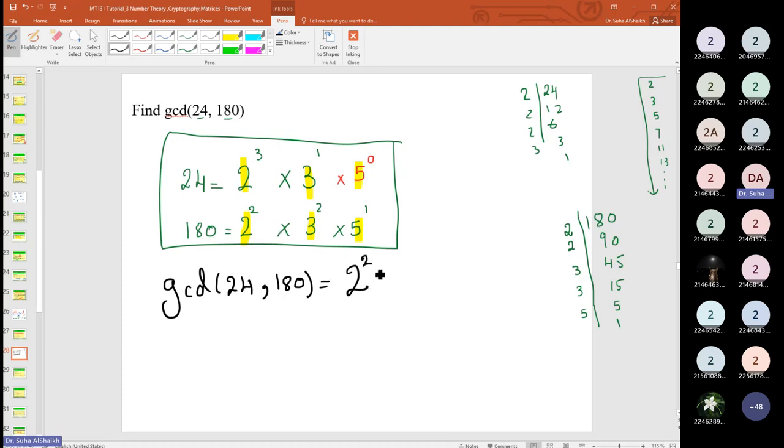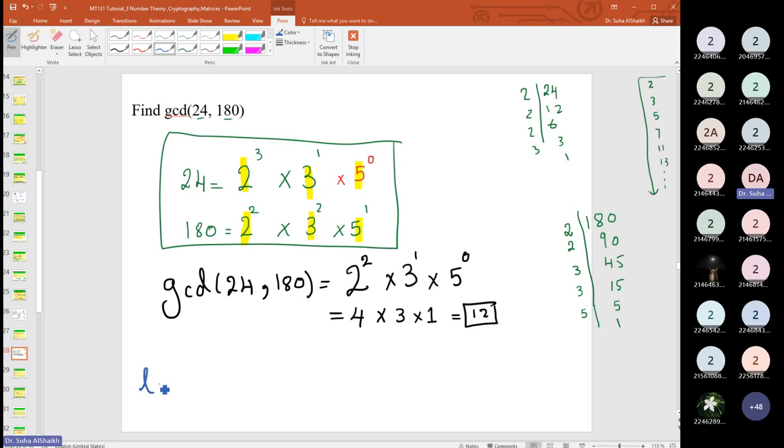It is 2 squared, multiplied with 3, minimum power of 3 is 3 power 1, and 5, minimum power of 5 is 5 power 0. So this equals 4 times 3 power 1, which is 3, times 5 power 0, which is 1. So this equals 12. So the answer is 12.